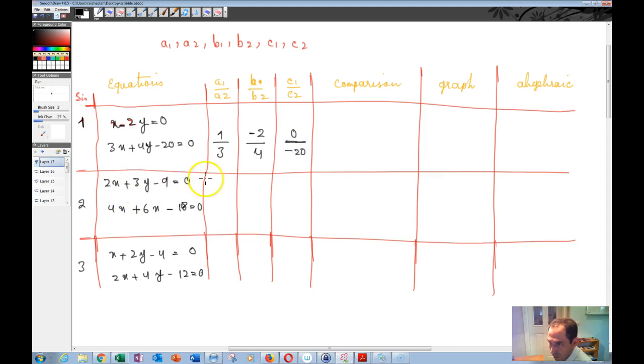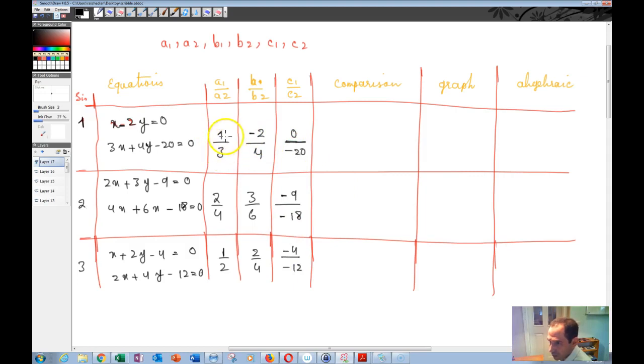Over here you have a1 to a2 is 2 to 4, b1 to b2 is 3 to 6, and c1 to c2 is negative 9 to negative 18. And over here you have 1 to 2 for a1 to a2, b1 to b2 is 2 to 4, and c1 to c2 is negative 4 to negative 12.